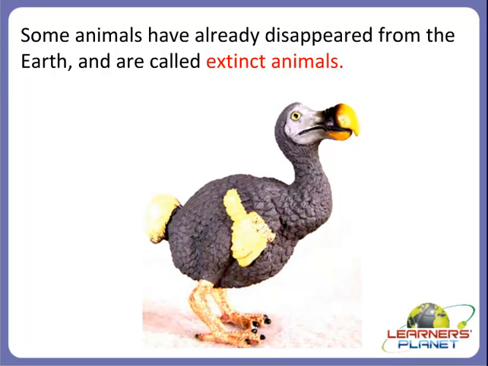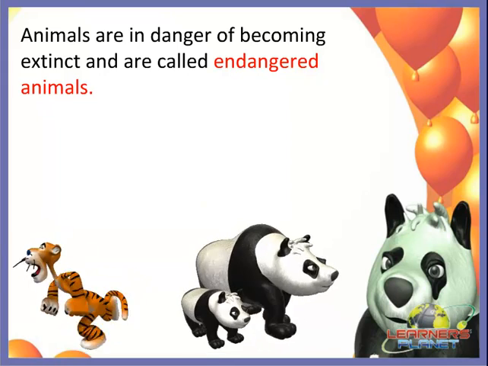So children, there are some animals which have already disappeared from the earth and they are called extinct animals. For example, the flightless bird dodo, D-O-D-O, dodo. This is a picture of a dodo that has already disappeared from the earth, and it is now called an extinct animal.